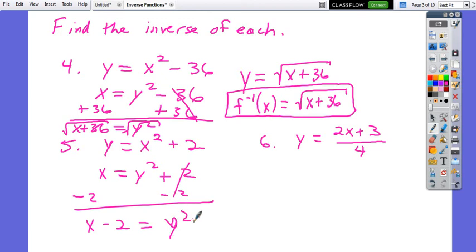Square root of both sides. So that y equals root x minus 2, all underneath the square root symbol. And you can say f negative 1 of x equals root x minus 2. Okay, here's your final answer.